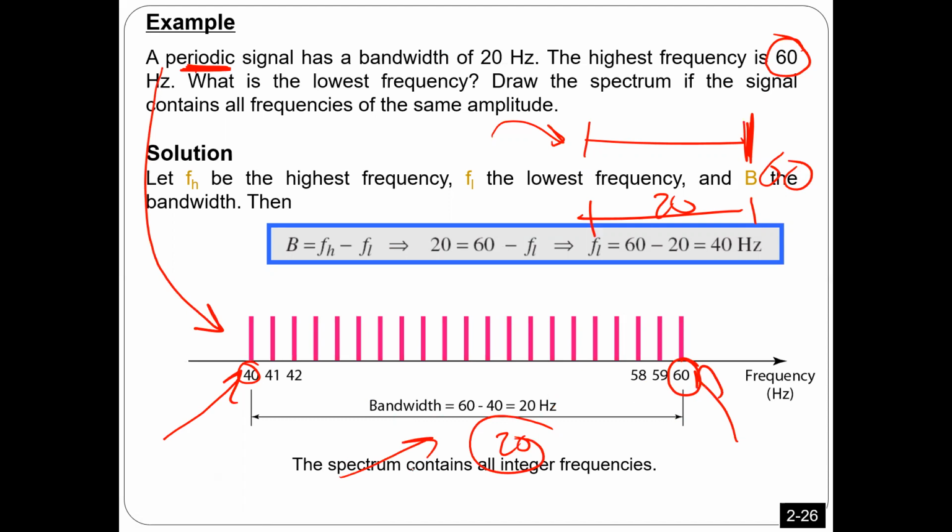Then the question tells me the spectrum has all frequencies of the same amplitude. So we have 40, 41, 42, all the way up, because that's what they tell me in the question. We have all frequencies, and all of them have the same amplitude. That's why I was able to draw the frequency domain. Any questions?